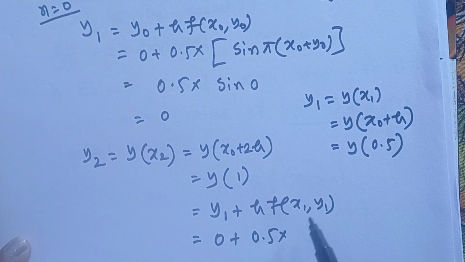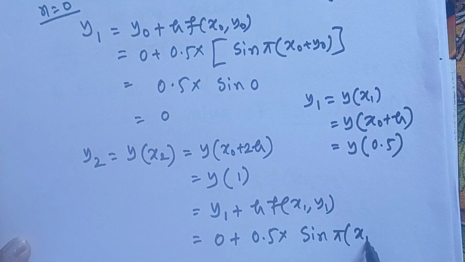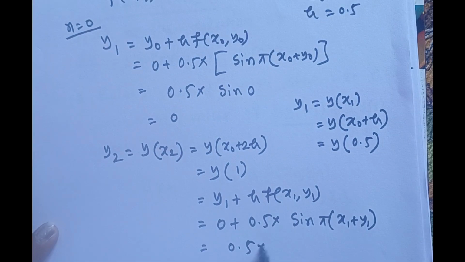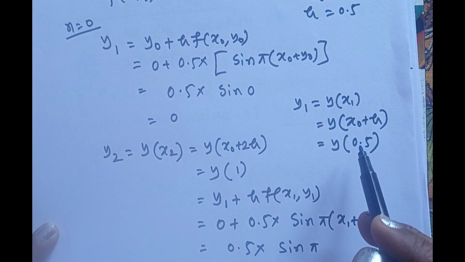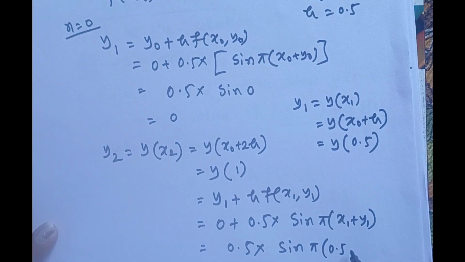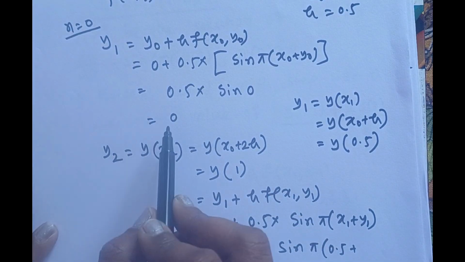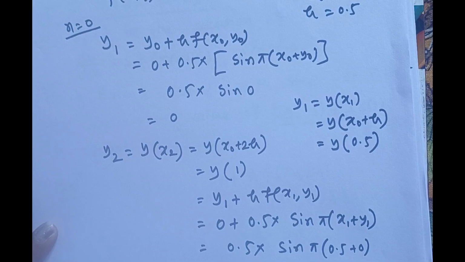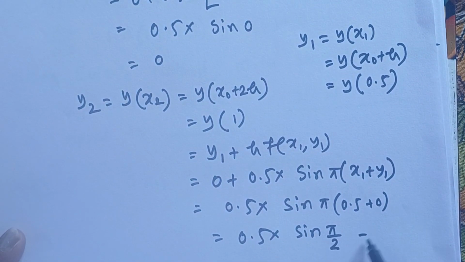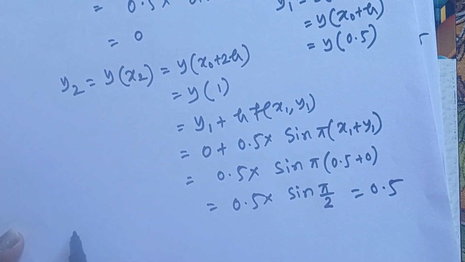Then f(x1, y1) = sin(πx1 + y1). So this is 0.5 × sin(π × 0.5 + 0), because x1 is x0 + h, which is 0.5, and y1 we obtained is 0. So finally y2 is 0.5 × sin(π/2). This is equal to 0.5, because sin(π/2) is 1.